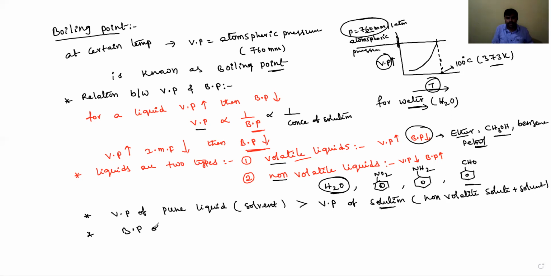The boiling point of pure liquid, meaning solvent only, is less when compared to the boiling point of a solution. So the solution boiling point is always more when compared to pure liquid. But the vapor pressure of pure liquid is more than the vapor pressure of a solution.